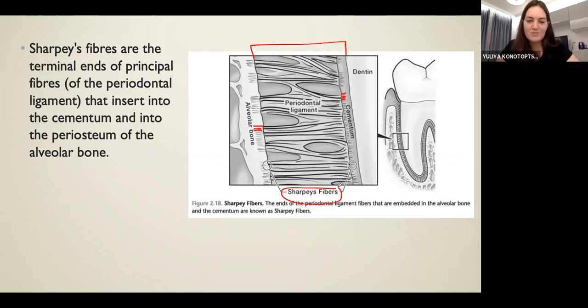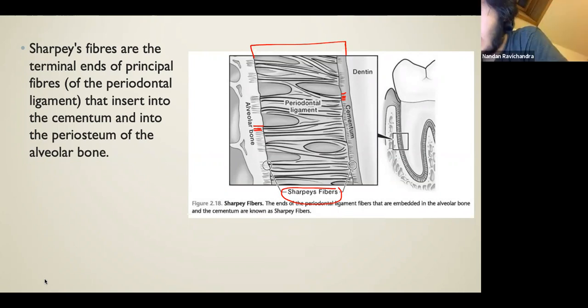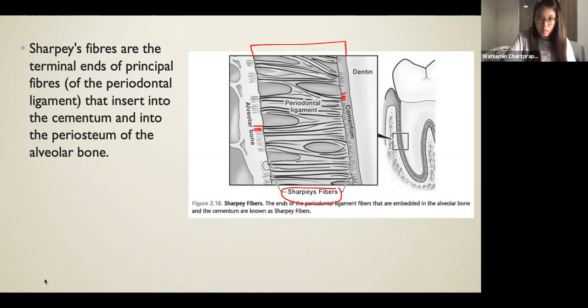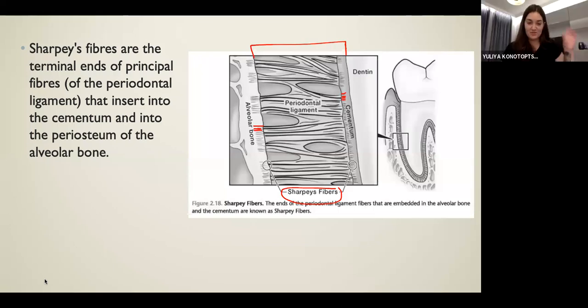So do you understand what's happening or not really? Think about it this way. I am the PDL, right? On one side of it, what do I have here? The bone. Let the bone be here. What is here? Cementum, because I am the PDL. So cementum, periodontal ligament, bone.